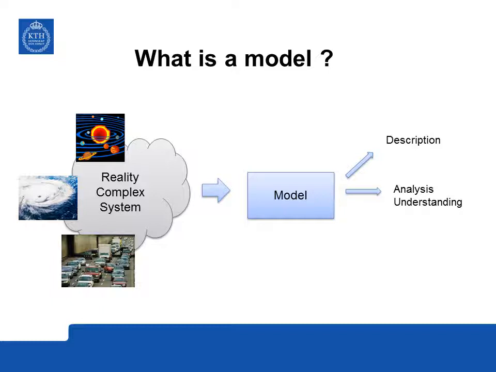And finally, what is then important, in particular for engineering, is that models can also be used to predict things in the future, or answer what if type questions. A very good example of this is Newton's gravity model that helped us to explain the motions of the planets, and for instance to predict solar eclipses and even to predict the existence of planets that to that point were unknown.